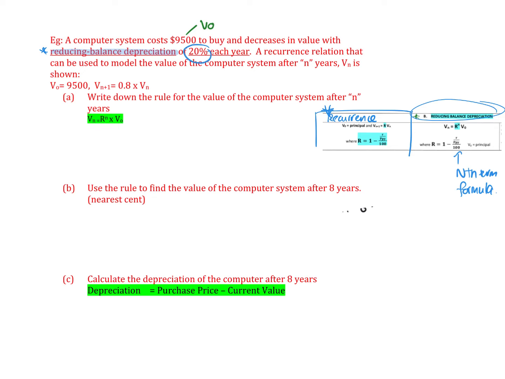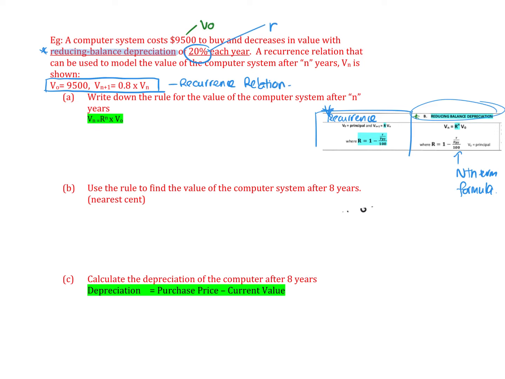So what they gave me there was the R. Per year is the same as per annum. And they've actually given me the recurrence relation for this situation that shows year to year. This bit here is the recurrence relation, and we can see that because it has the V0 and then that n+1 rule.